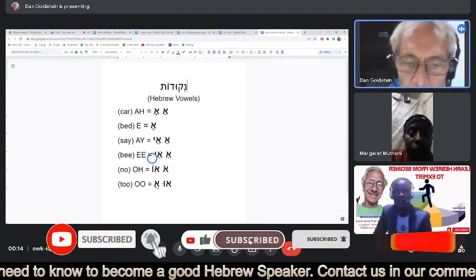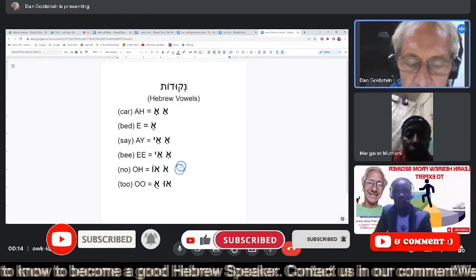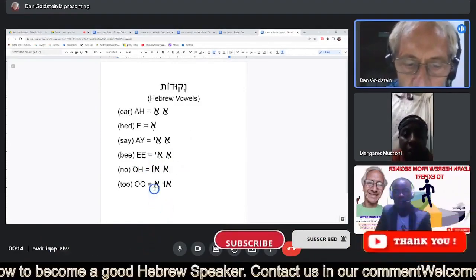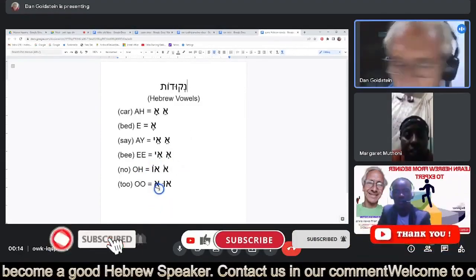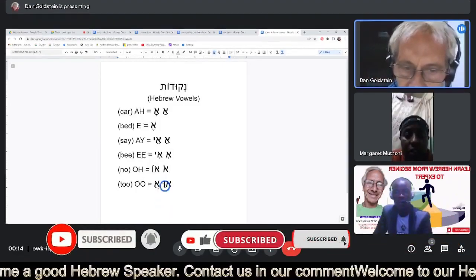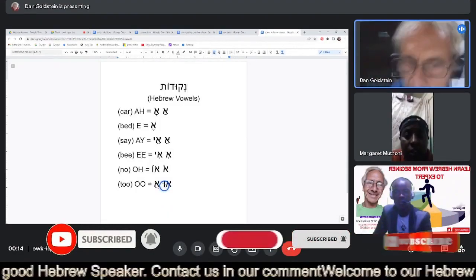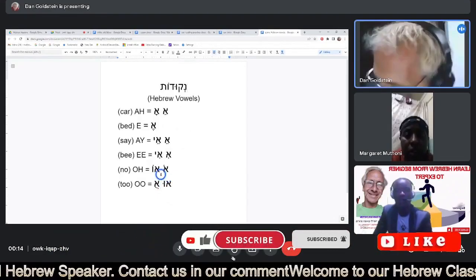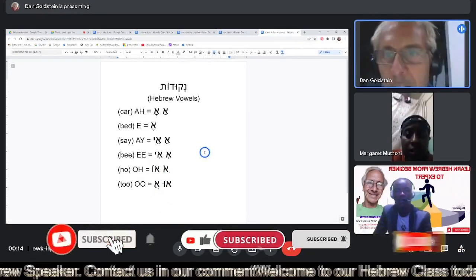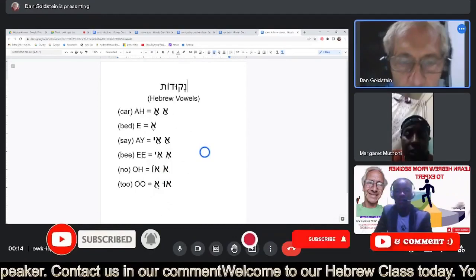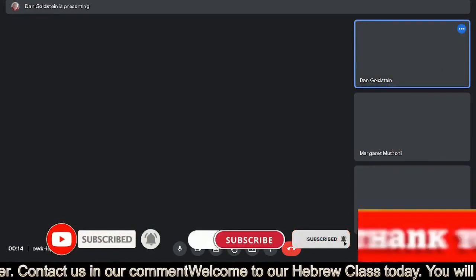So the o appears in two very different ways. And likewise, the u sound can appear as three dots below the letter or as a line next to the letter with a dot in the middle. And I promise you, you will have plenty of time to become familiar with these vowels.